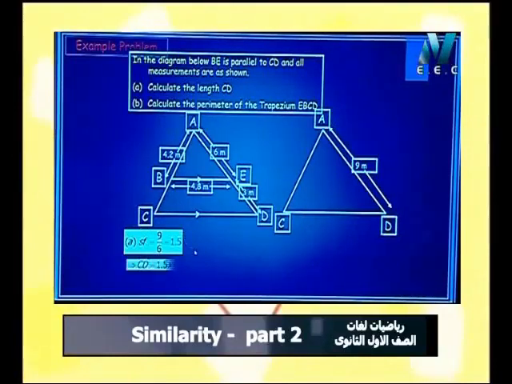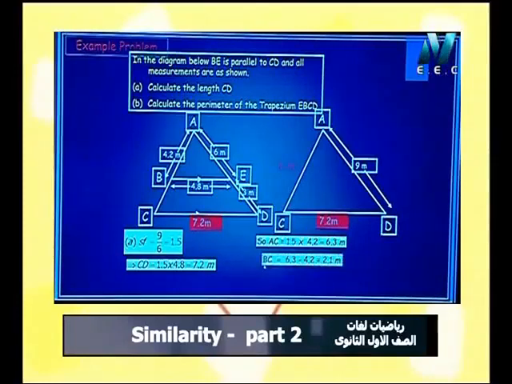To find CD, just multiply 1.5, the scale factor, by 4.8. The answer will be 7.2 meters. So CD equals 7.2 meters. And to find AC, multiply the scale factor 1.5 times 4.2, which equals 6.3 meters.